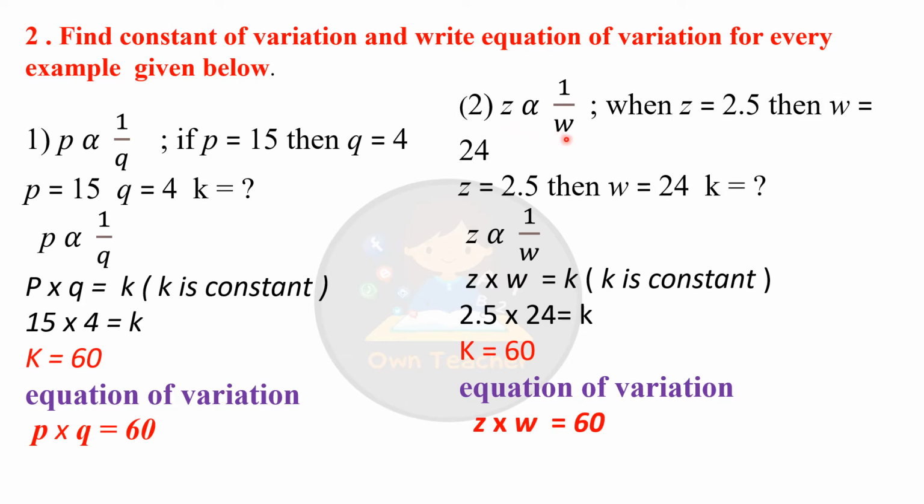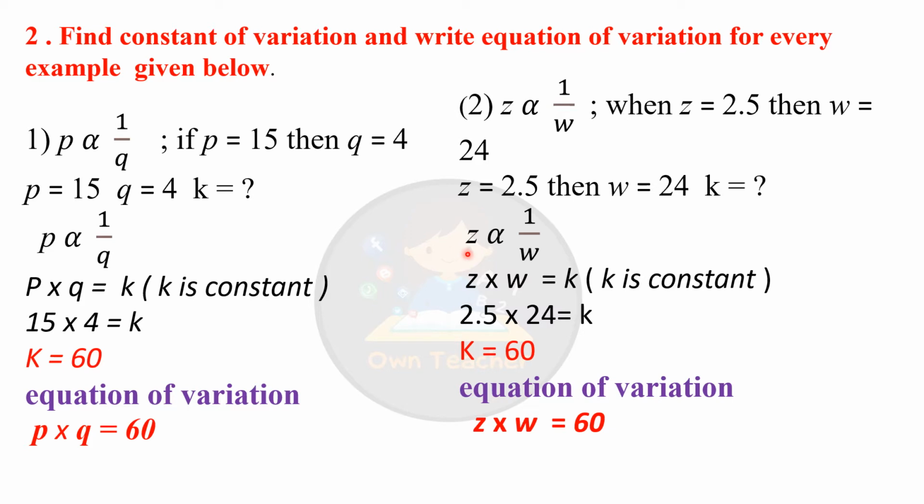The next example, Z is inverse proportional to W. When Z is equal to 2.5 then W is equal to 24. So we will find out the value of K, that is constant.